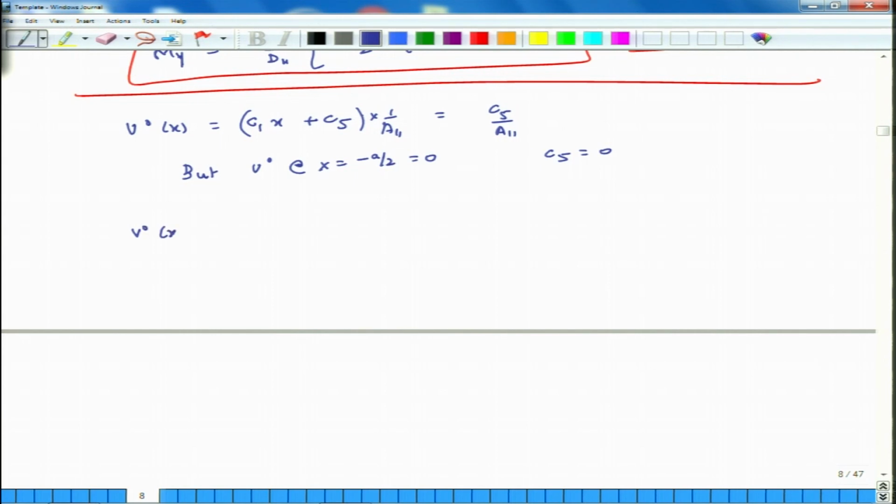V naught x, what is V naught x? It is equal to C2 x plus C6, into 1 over A66, and we have already seen that C2 is 0. So, this is equal to C6 over A66.